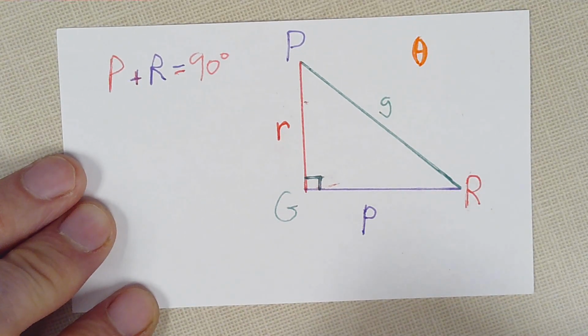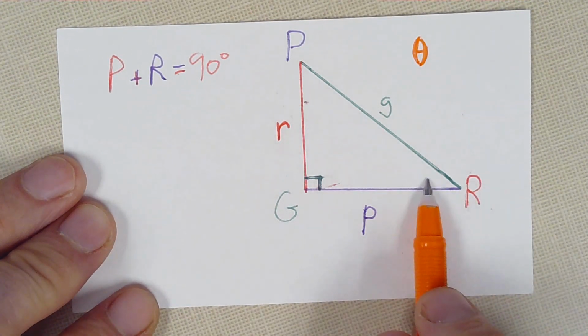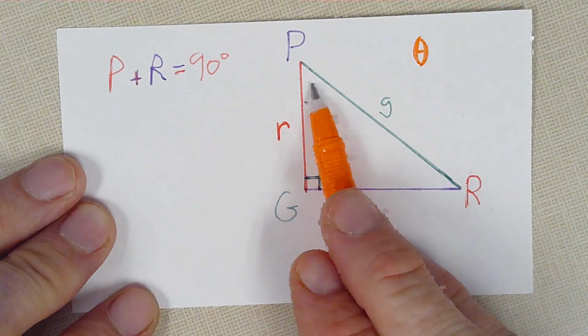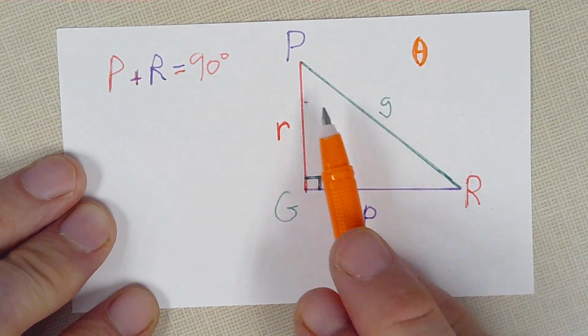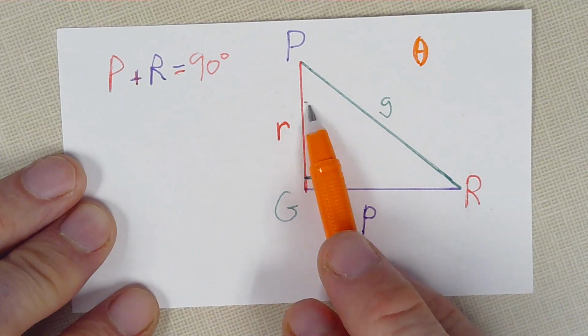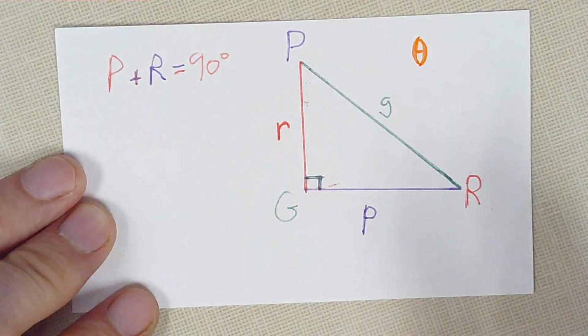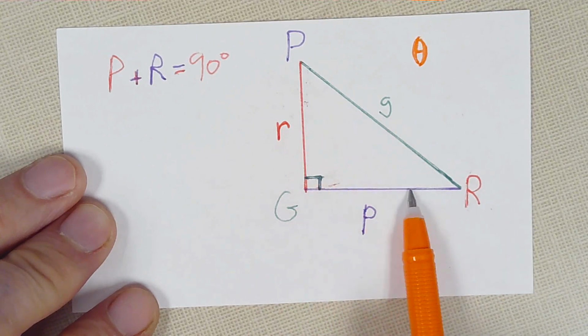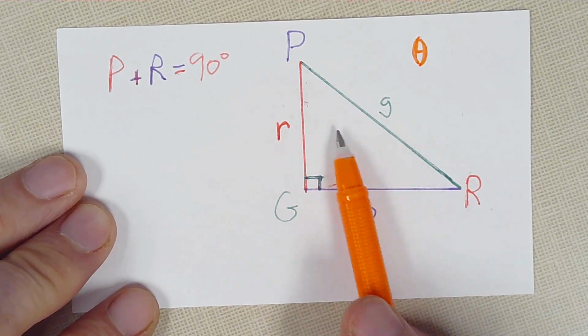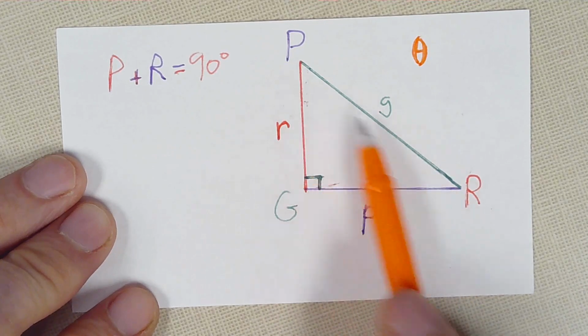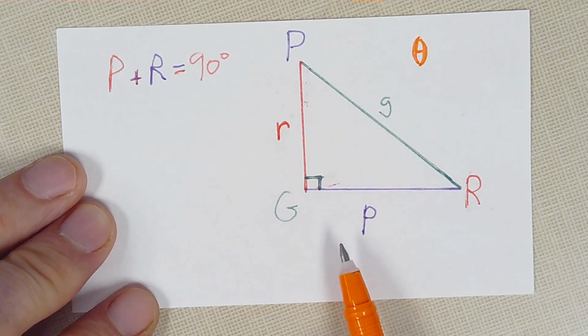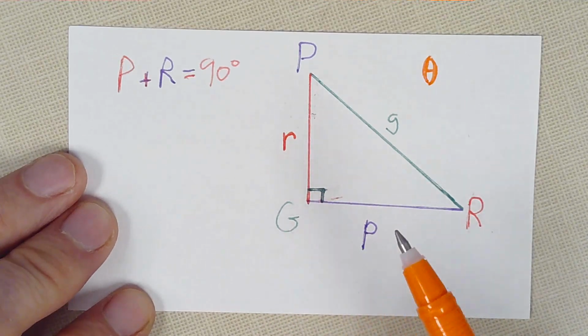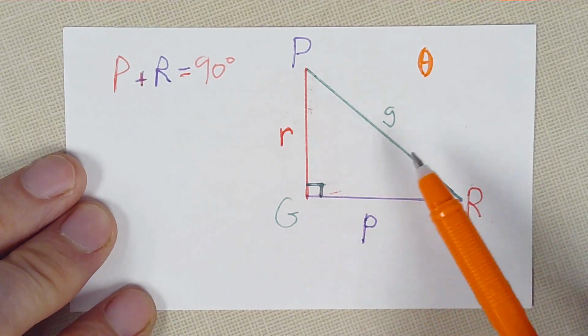Okay, so when we're talking about theta, it could be this one, and it could be this one, right? What is referenced as the opposite or the adjacent changes based upon which angle theta is. But hypotenuse is always the hypotenuse. Okay? I have another video explaining that stuff, right?